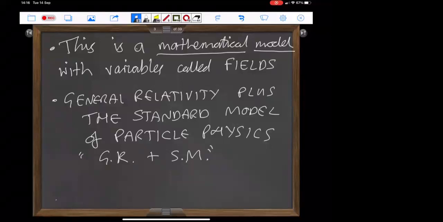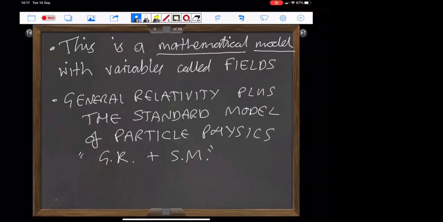And what is a field theory? Well, as in all models in physics, it's a mathematical model whose variables are quantities called fields. And fields will play an important role. We're going to introduce fields in this course, and there will be fields in essentially all of your courses.